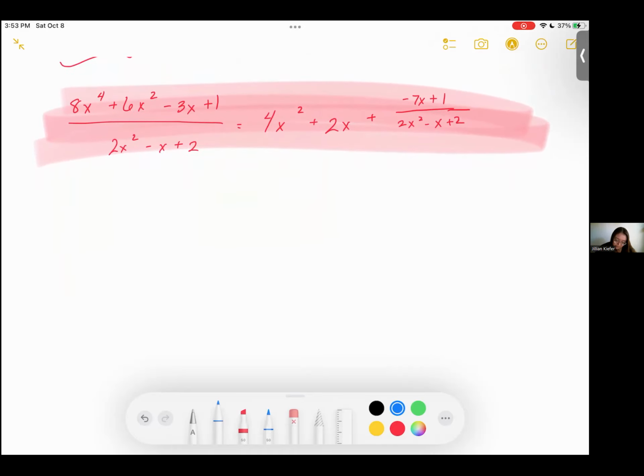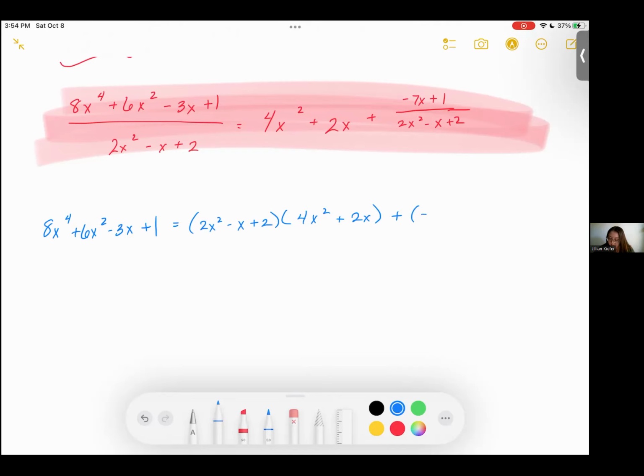So we'll have p of x, which was 8x to the power of 4 plus 6x squared minus 3x plus 1, is equal to the divisor, and we're going to put these in parentheses, 2x squared minus x plus 2, times the quotient 4x squared plus 2x plus the remainder, which is up to you on whether or not you want to put those in parentheses or not.